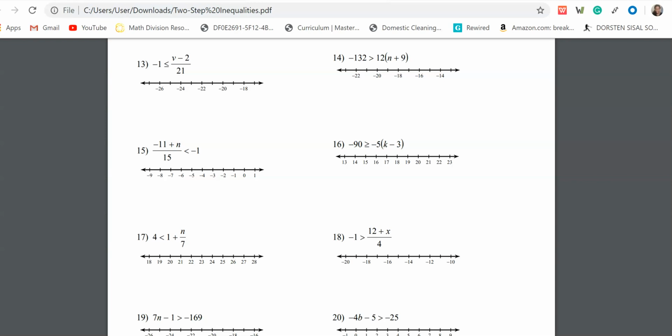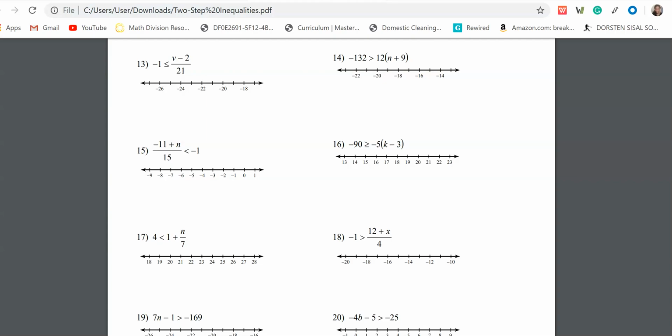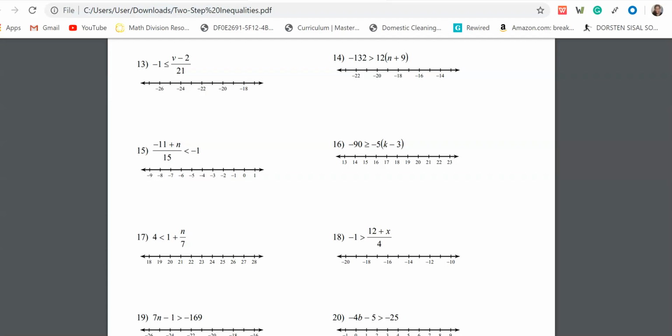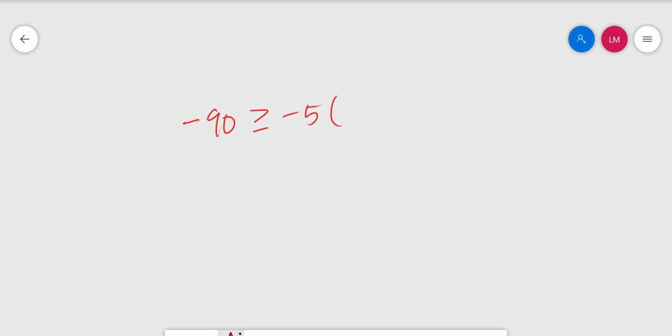Number 16 says negative 90 greater than k minus 3. Okay, so in this one, what we're going to do is let's do the distributive property first.